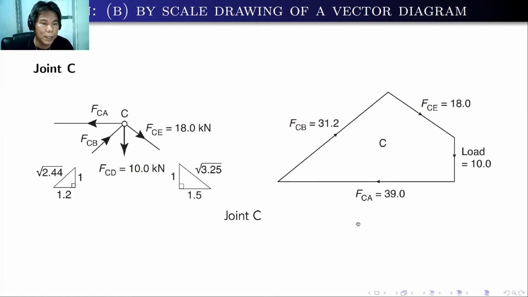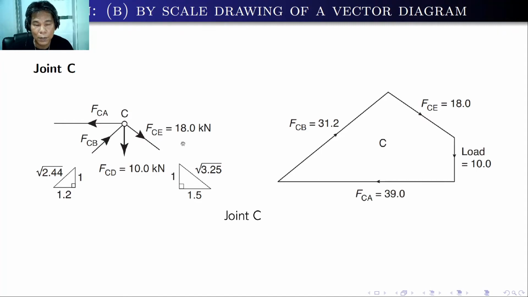For joint C, as you can see, there are four forces with different inclinations. We have one horizontal, two vertical, and two inclined forces. So again, starting from the known force, that is 10 kilonewton FCD, which was calculated earlier here, and then FCE, you can try in that direction because that is tension, and of course you cannot just draw here, so you have to go to the other portion which is the known FCE.